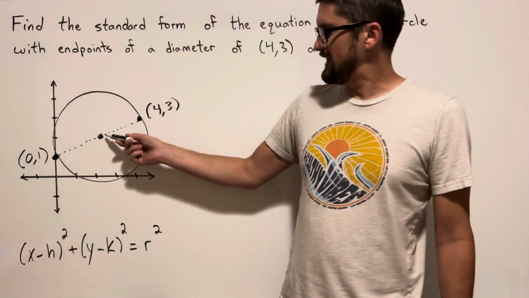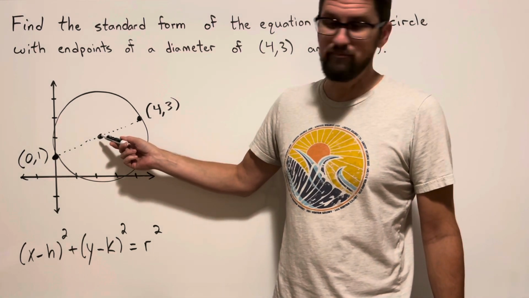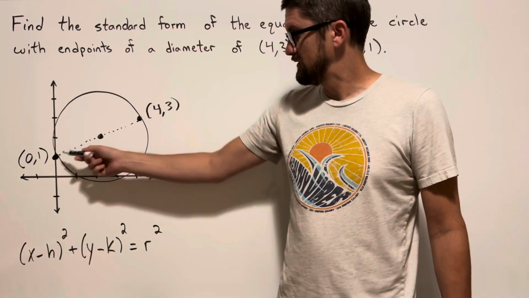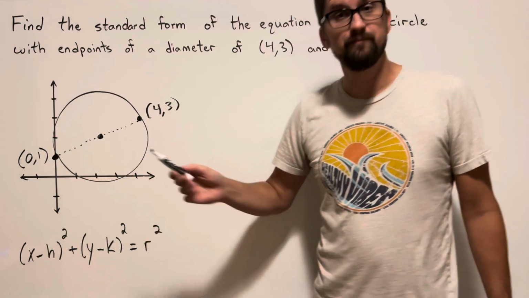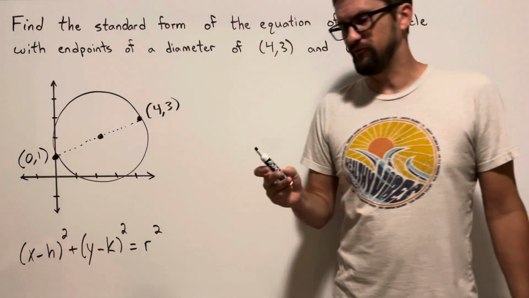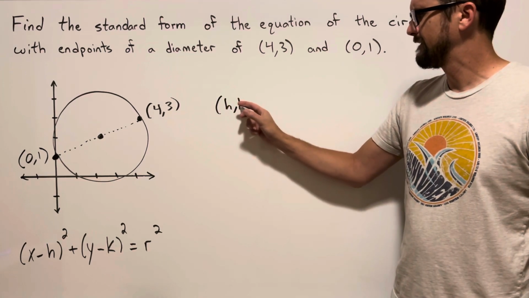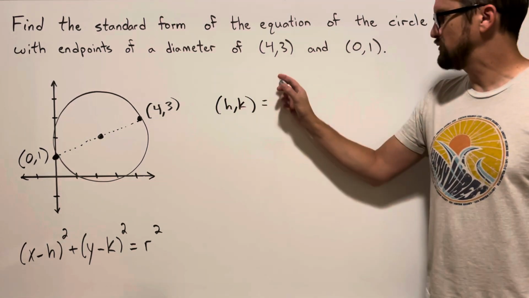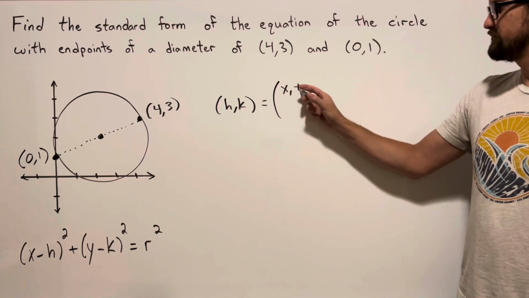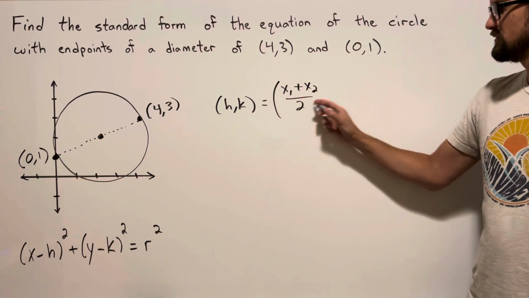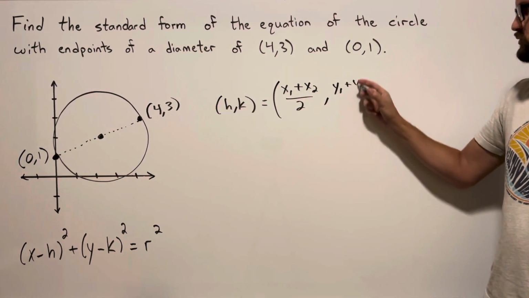Now the (h, k) is the midpoint between (0, 1) and (4, 3). So we can use the midpoint formula to find (h, k). And the midpoint formula is (x1 plus x2 over 2, y1 plus y2 over 2).